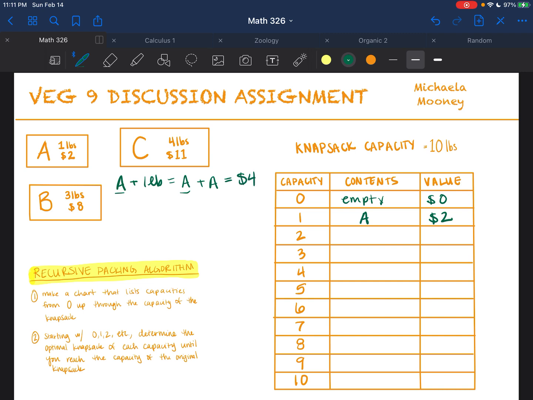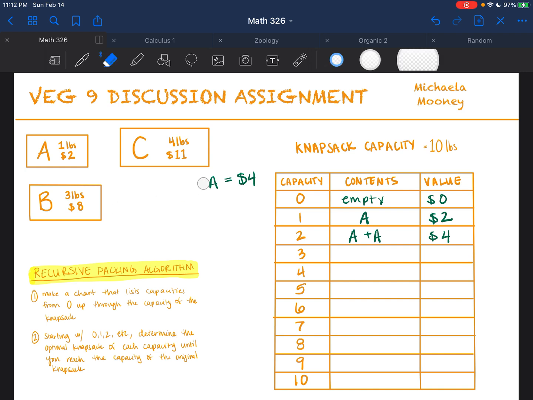And next on our list would be B. We would do B next, but B weighs 3 pounds and we only have 2 pounds, so we can't use B yet. So that means our only option is this first one right here, A plus A at $4. So the optimal capacity for 2 pounds is going to be A plus A, and that is valued at $4.